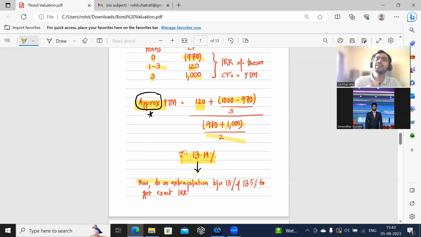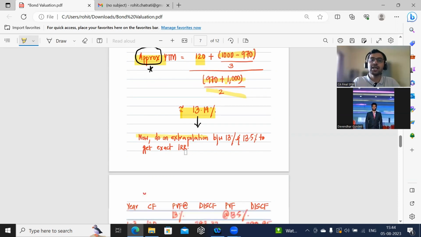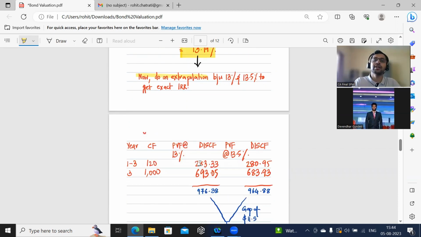Anything is possible. I have taken 13 and 13.5 percentage. So I have now calculated the intrinsic value of a bond assuming 13 percentage as the discount rate and the intrinsic value of a bond assuming 13.5 percentage as the discount rate.